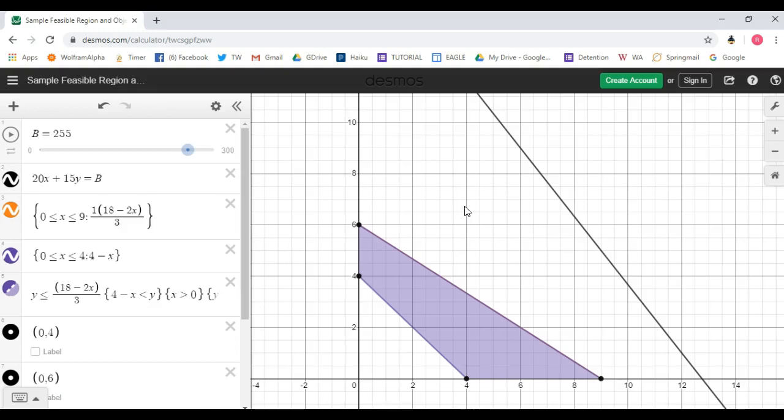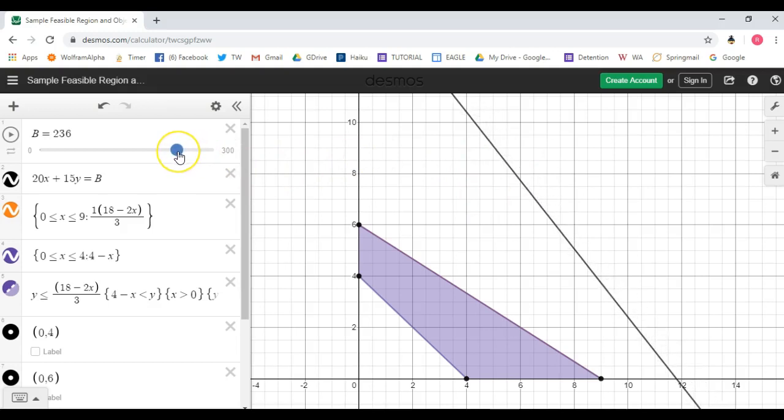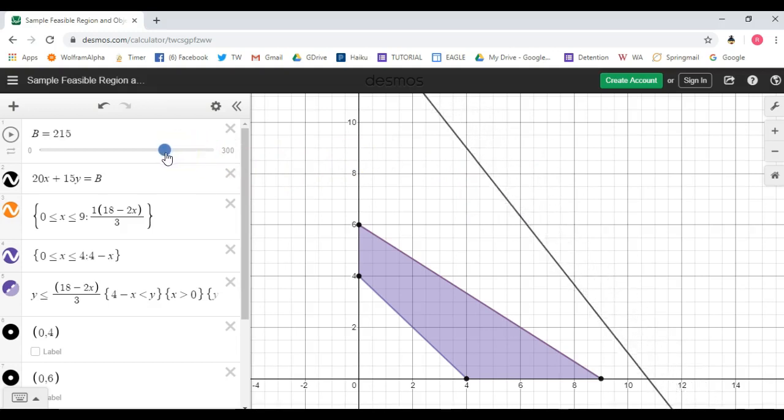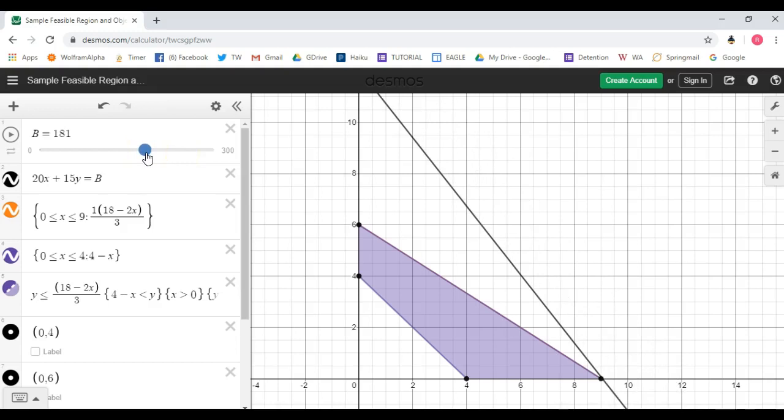Right now this line is not meeting the constraints. To meet the constraints, I need to move this line. Look at what's happening here. This is the first time I am meeting the constraint. Look at where the profit line is. Let me move it down just a bit.